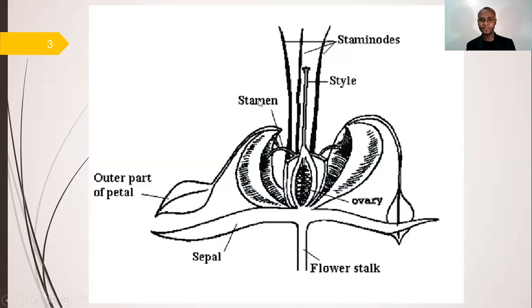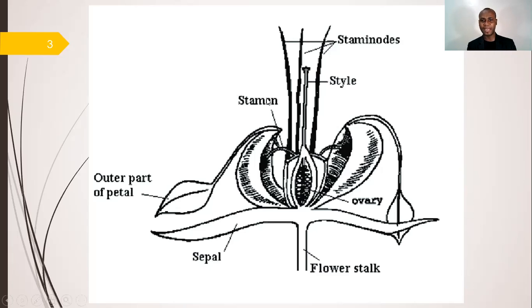Later on we'll talk about the types of flowers, and you'll get to understand the nature of it. Inside here we have the style. The style is the protrusion that comes from the ovary. The ovary is where the eggs are produced.